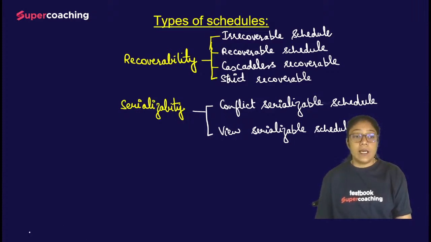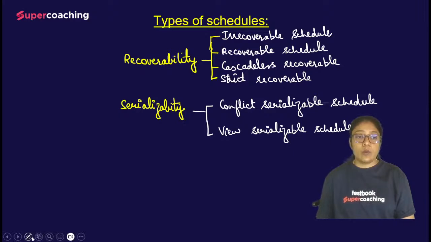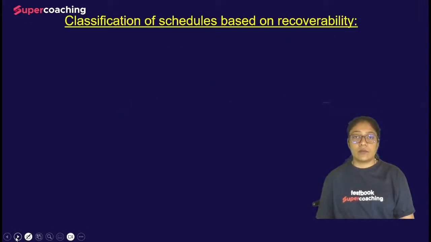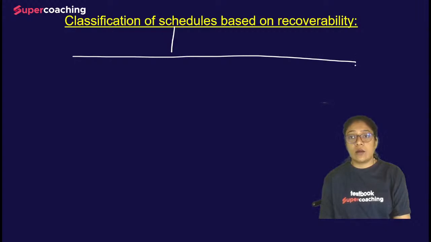Anyone having any idea what irrecoverable schedules or recoverable schedules are? So already we have discussed that the schedules can be classified into four categories on the basis of recoverability. When can we say that the schedule is irrecoverable?